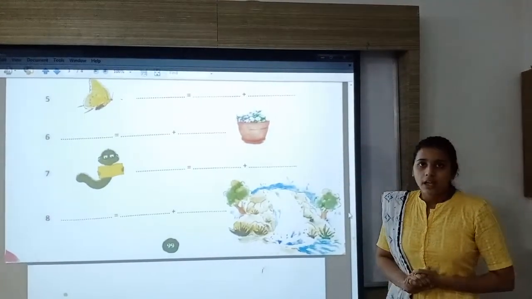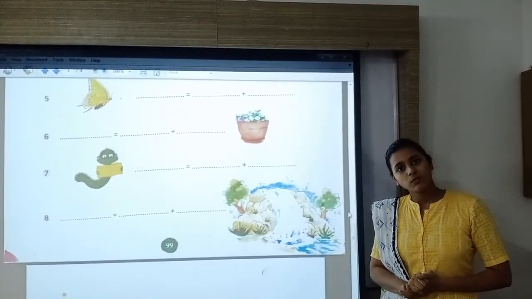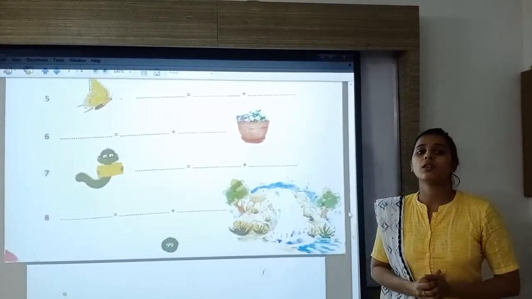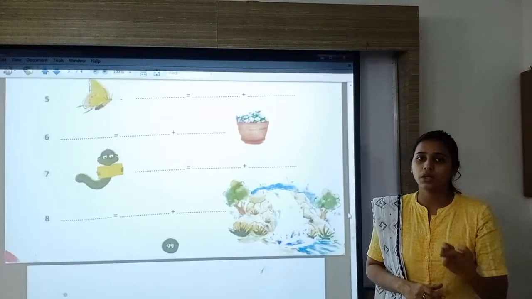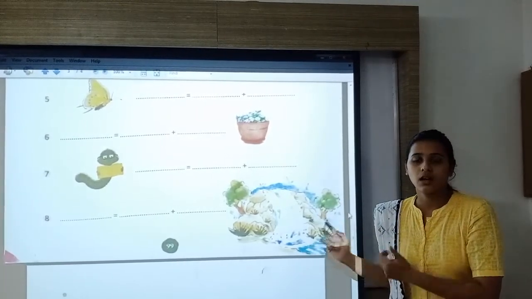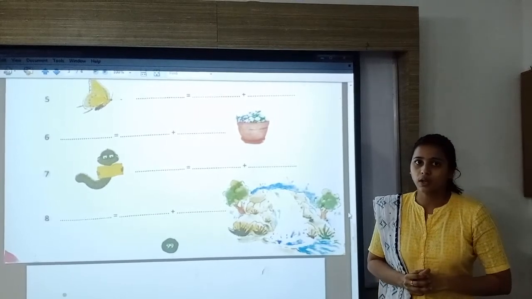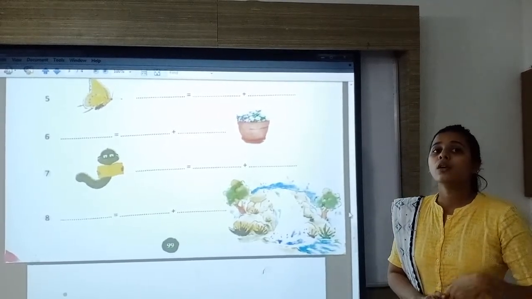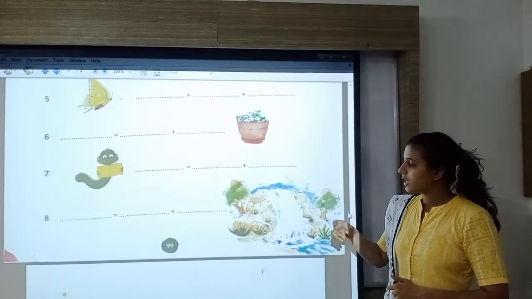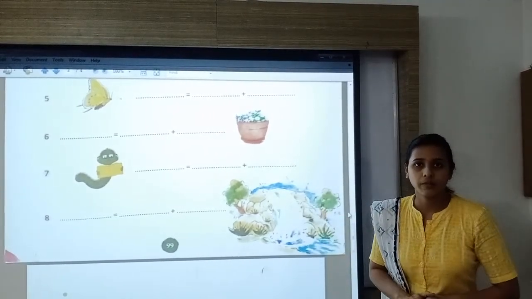So if we add two different words which have two different meanings, a new word comes into existence which has a new meaning different from the two words which are joined together. So that new word with new meaning is known as compound word.